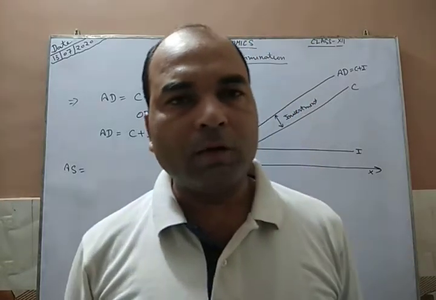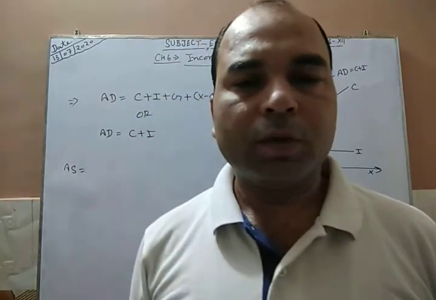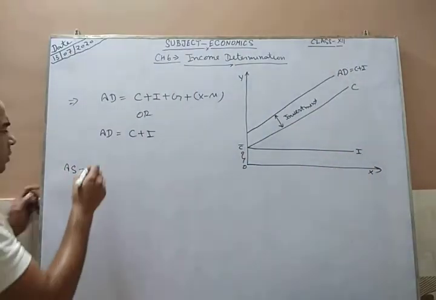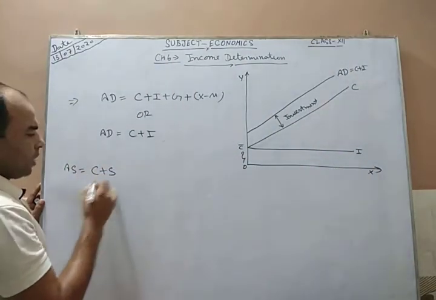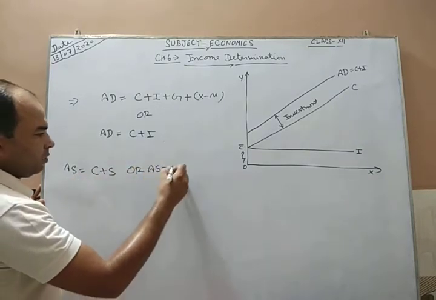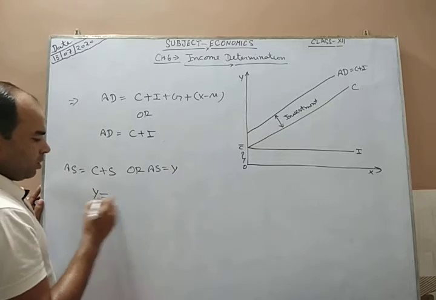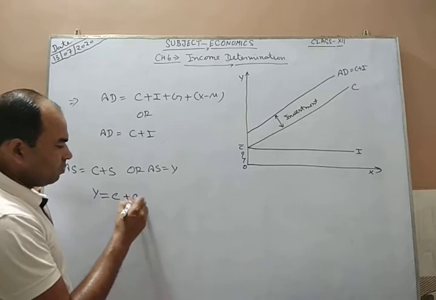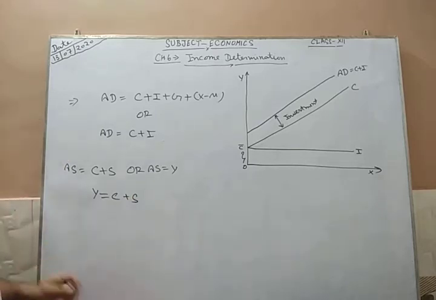So factor payment is equal to national income by the income method. So aggregate supply is equal to C plus S. Why C plus S? Because aggregate supply is equal to Y, and Y, that is income, either goes to consumption or goes to saving. This is clear to students.